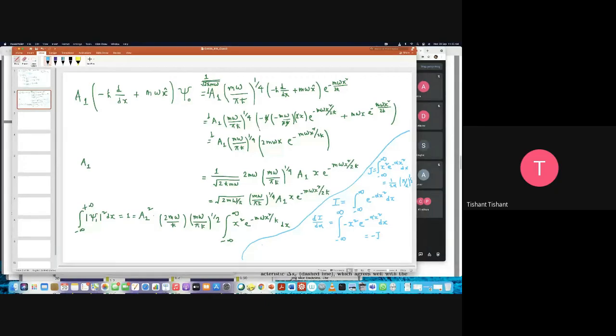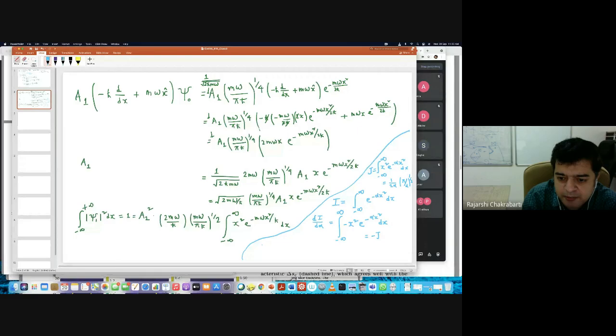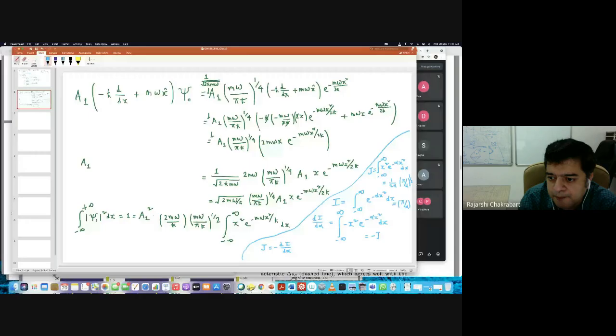Yes, sir. So J is actually minus dI/d alpha. And I know this is a standard integral. This is pi by alpha to the power half. So then what is dI/d alpha? Minus dI/d alpha, pi to the power half. You remember, no, this? x to the power n, no?